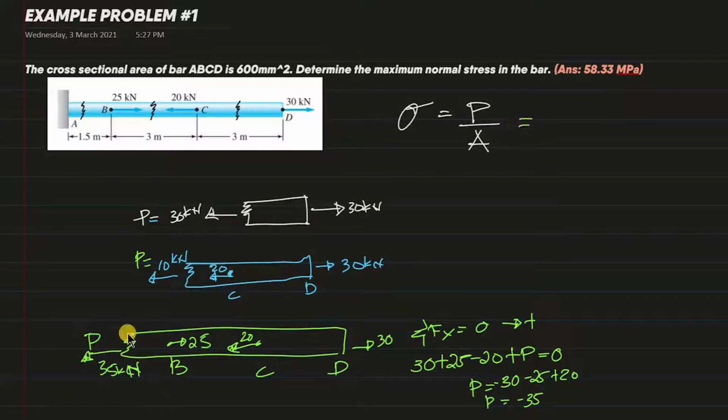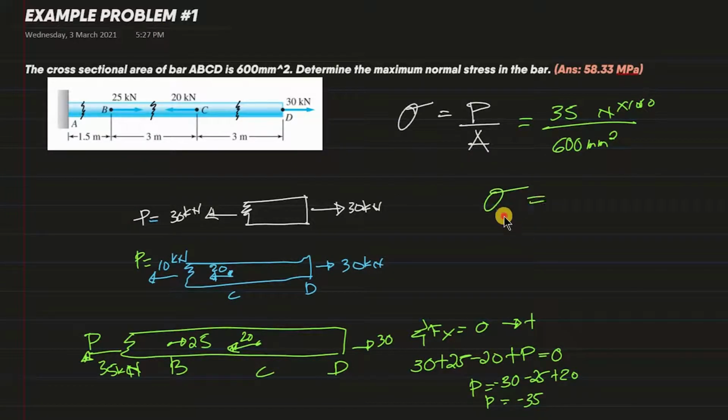So, solving for that, we have P, which is equal to 35 kilonewtons divided by the area, which is equal to 600 millimeters squared. Ang kilonewtons, convert natin yan sa newtons. So, times 1,000. Tanggalin natin yung kilo. Yan. So, now, masosolve natin yan.